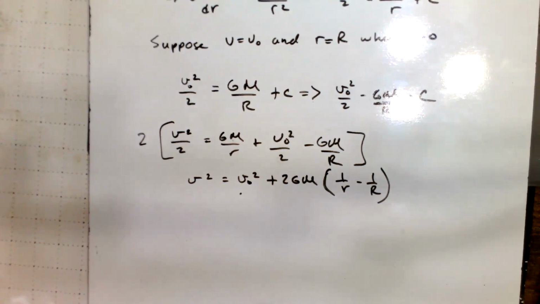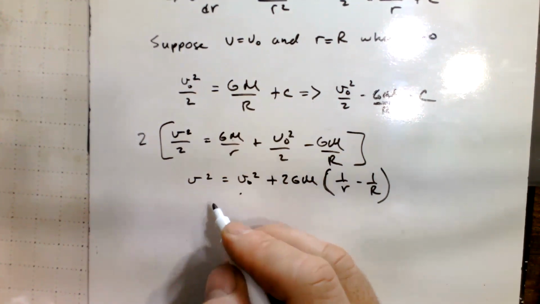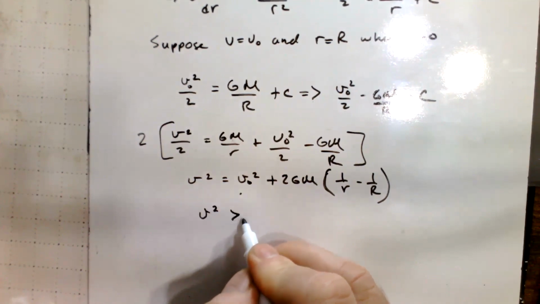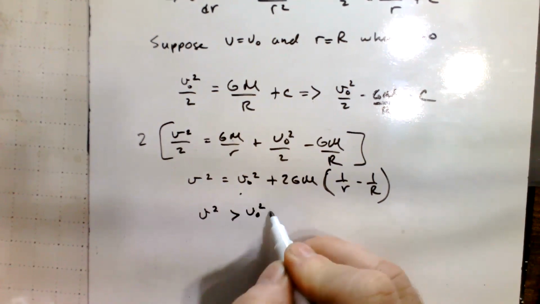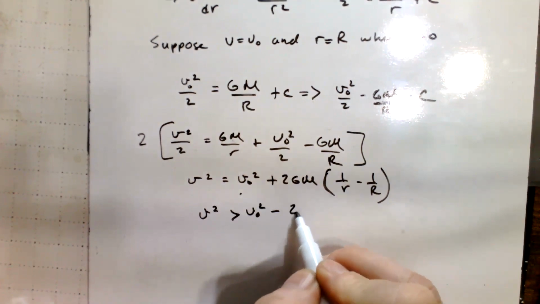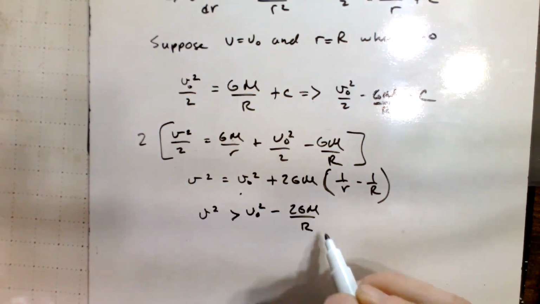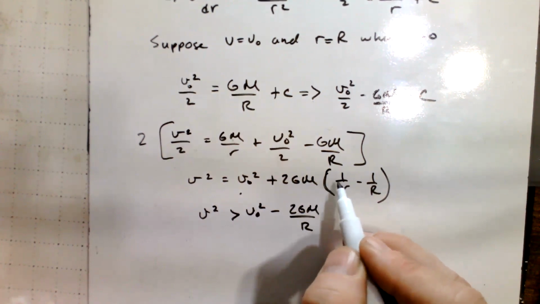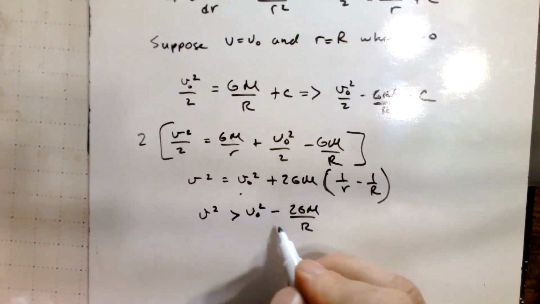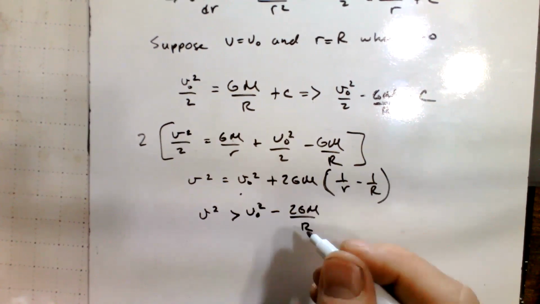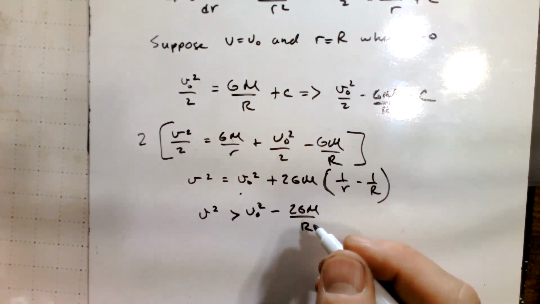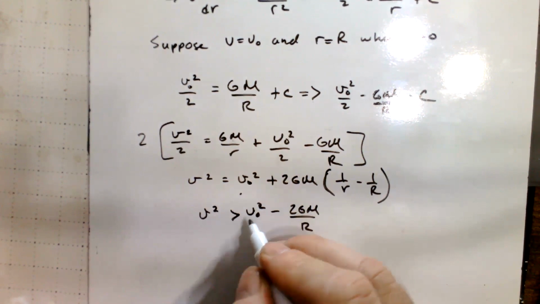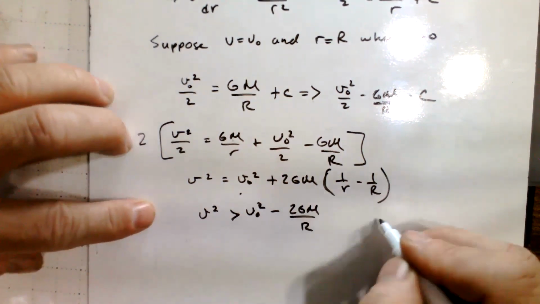Okay. And now, let's see. Well, we know that v squared will be greater than v naught squared minus 2gm over R. So if r is really, really large, we know that this is true, meaning our velocity will be greater.